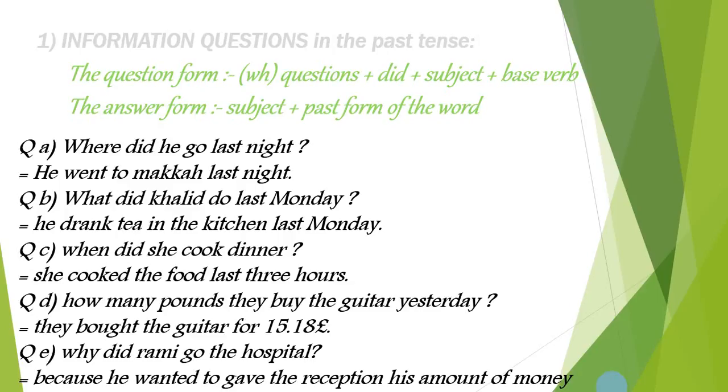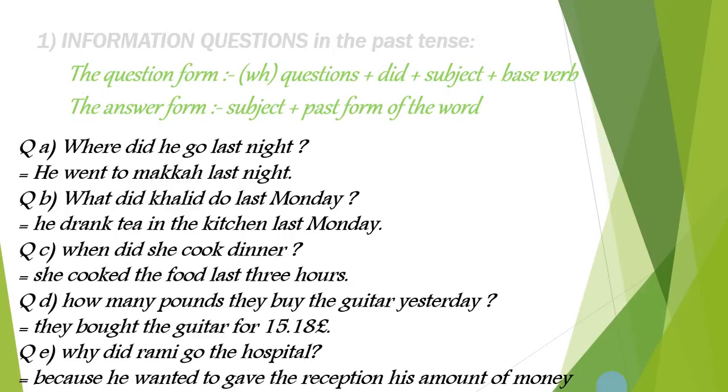The answer will be: he went to Mecca last night. You have the B1, which is: what did Khalid do last Monday? So we have to give the past of the verb. He drank tea in the kitchen last Monday.